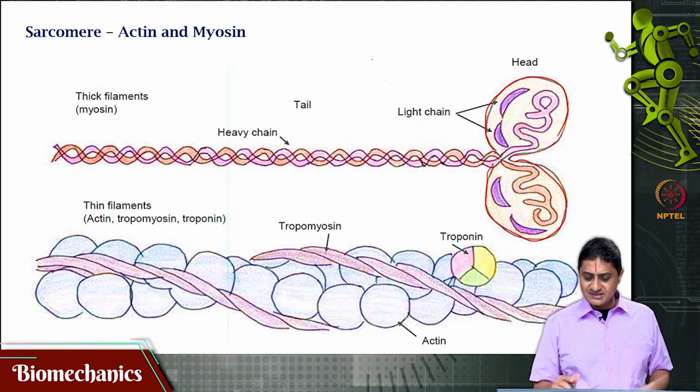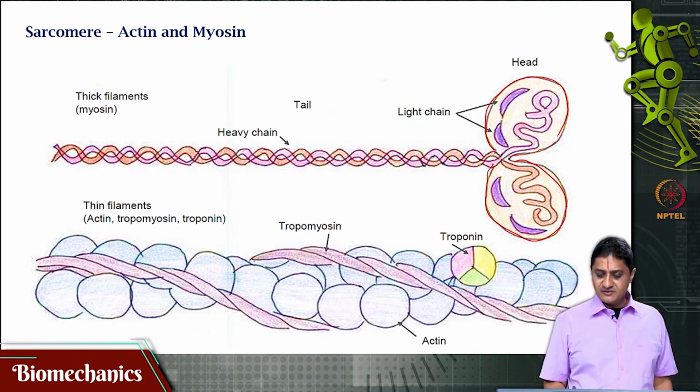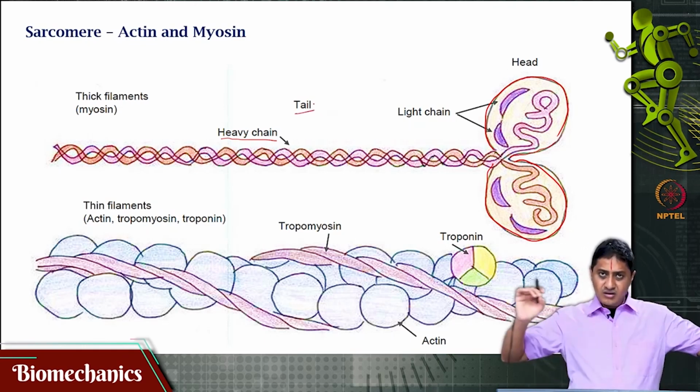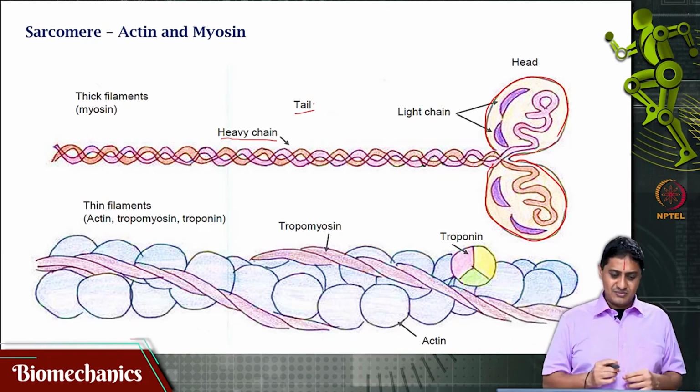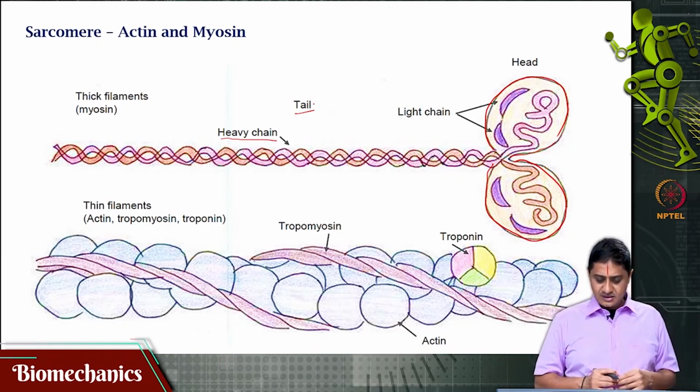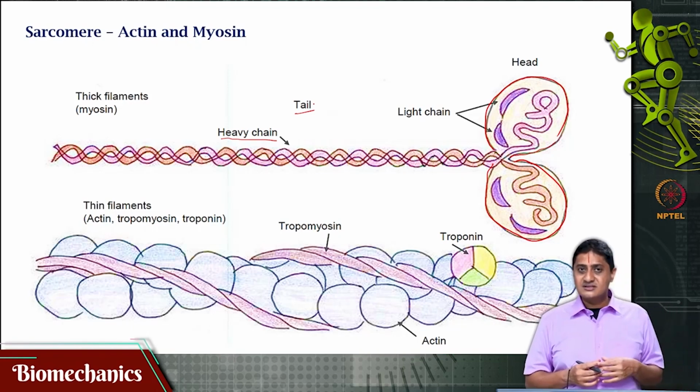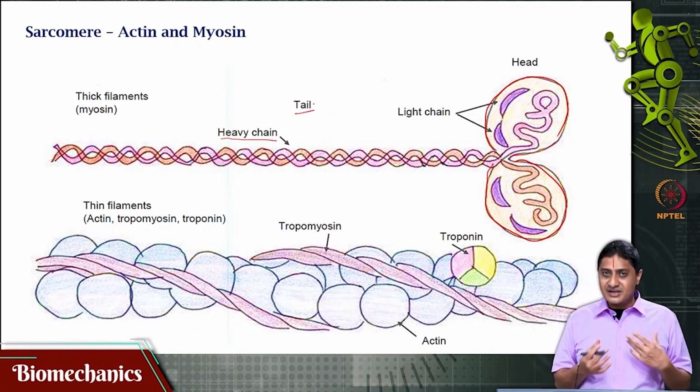So, the thick filament has many of these heads, within which there are these light chain proteins, and the filament itself is the heavy chain protein. There is this head that is attached to a long chain called the tail of this protein, myosin. The thin filament is not a single filament as it appears.